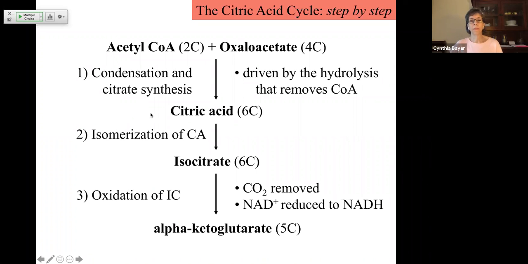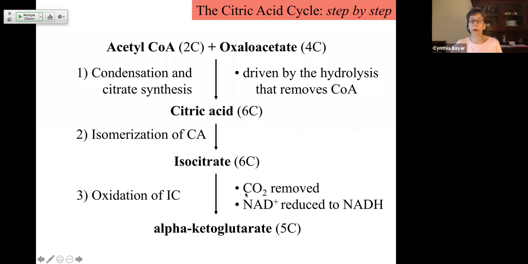Breaking that high energy thioester bond drives that condensation reaction. In the second step, citric acid is isomerized into isocitrate, still a 6-carbon molecule. And isocitrate is the substrate that will undergo our first oxidation step. Isocitrate is converted to alpha-ketoglutarate. In that process, 1 carbon has been oxidized.